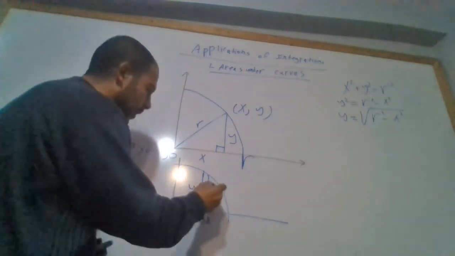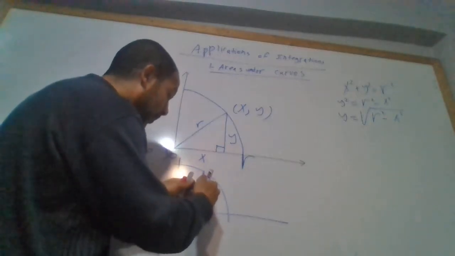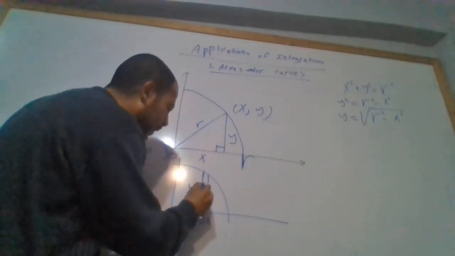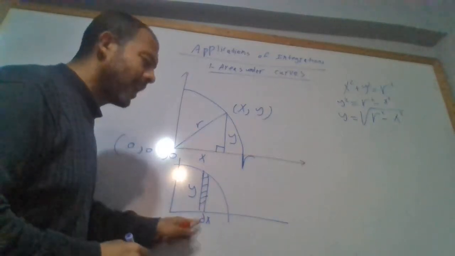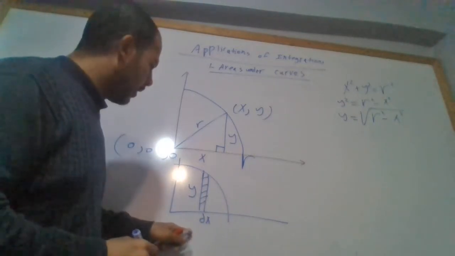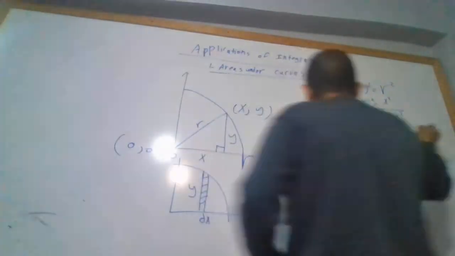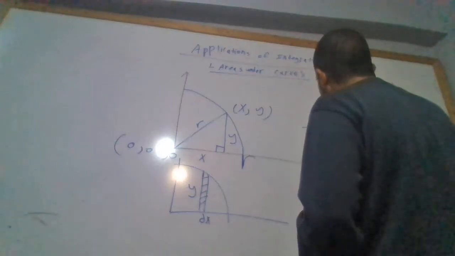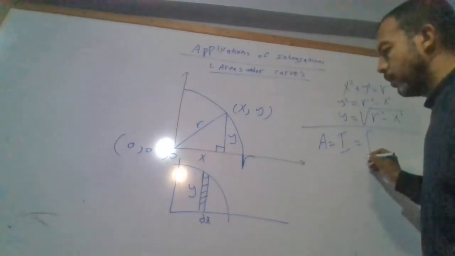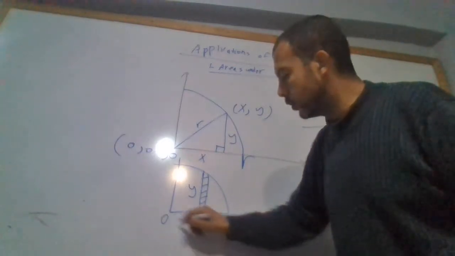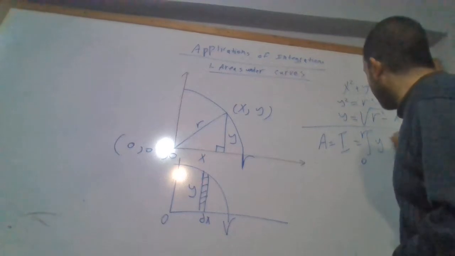To get this area, we just get the summation of all of these rectangles, which have y as the length and dx as the width. Therefore, we can say that A equals the integration from 0 to r of y dx.